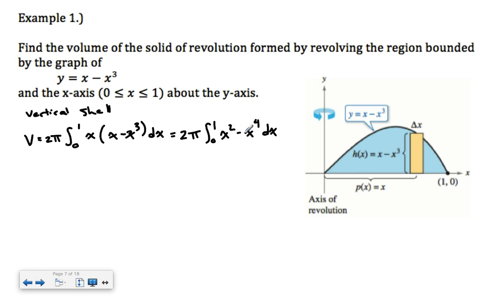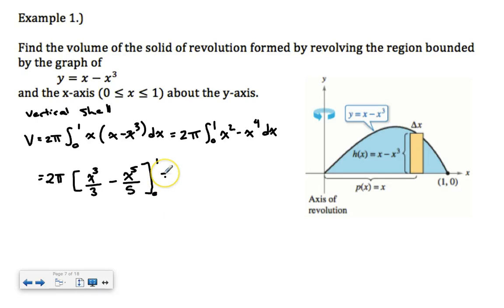dx. Taking the antiderivative of the inside, it should be 2 pi times x cubed over 3 minus x to the fifth over 5. And that's going to be evaluated from 0 to 1. Since 0 is my lower limit, I don't actually have to evaluate it.